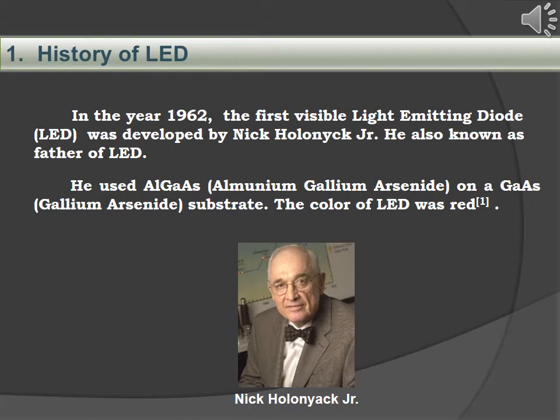History of LED. LED was first invented by Professor Nick Holonyak Jr. In his research, he found that LED is a form of semiconductor which emits light in some particular conditions. He used aluminum gallium arsenide on a gallium arsenide substrate.